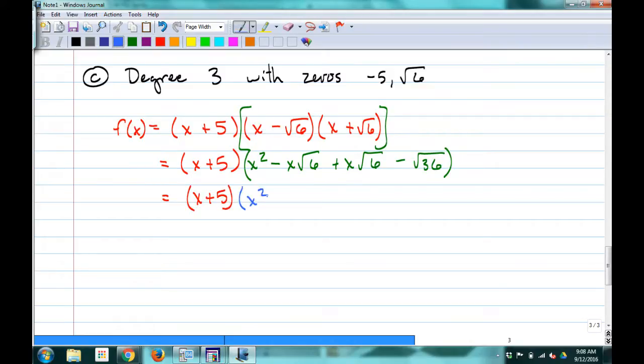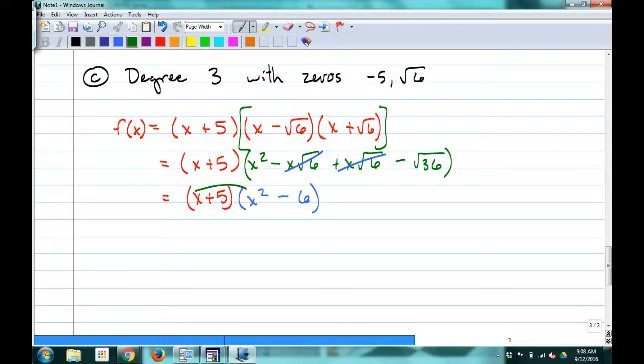This will simplify to be x squared. These guys in the middle are going to cancel out. Minus 6. Square root of 36 is 6, so that's where that's coming from. And now I just got to multiply x plus 5 times that guy.